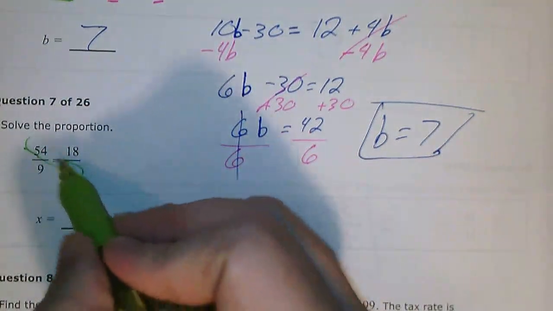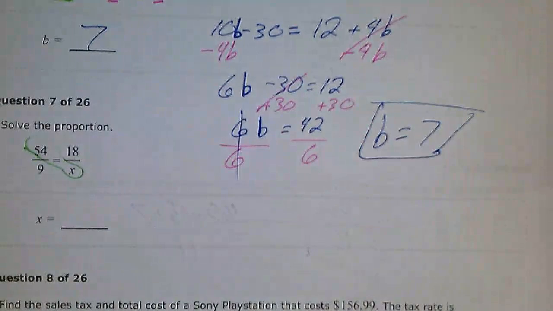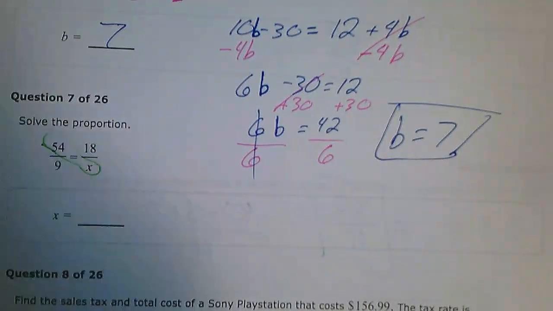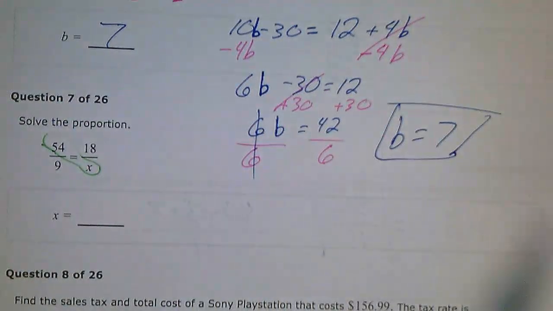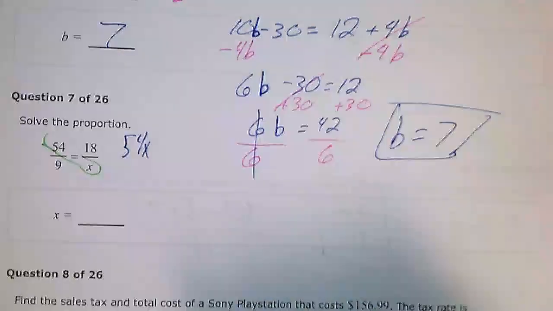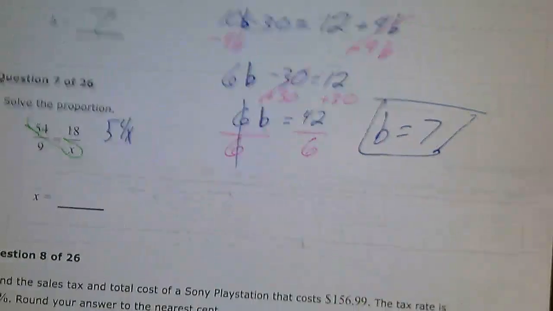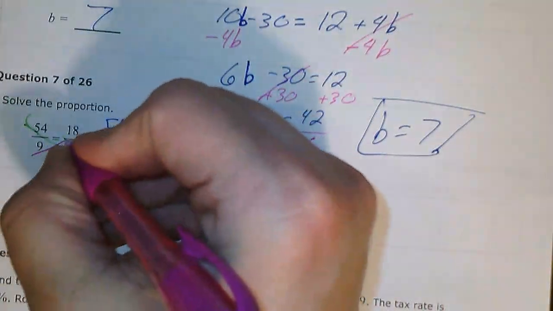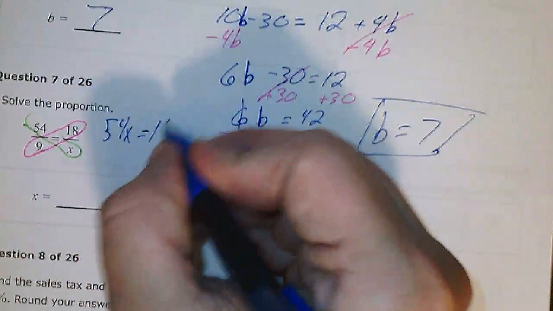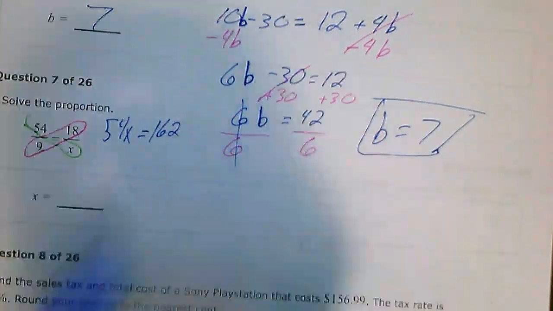And so here we can use cross products, sometimes called the butterfly method. 54 times x is 54x. We can also do 9 times 18, which is 162. So we set the cross products equal to each other.